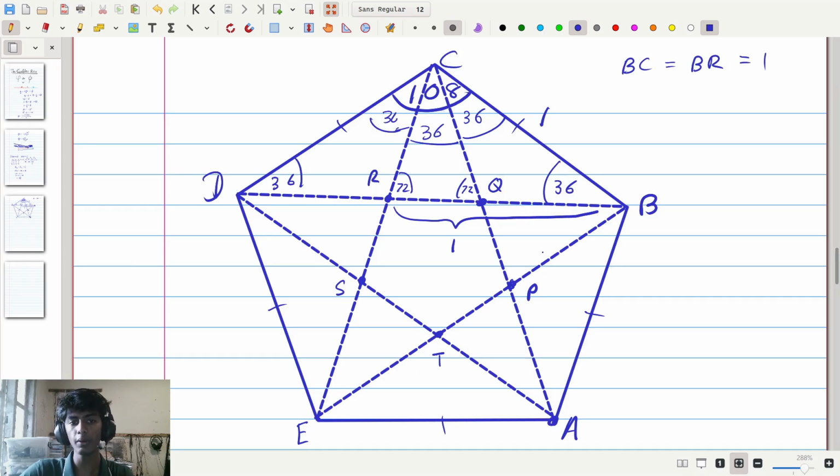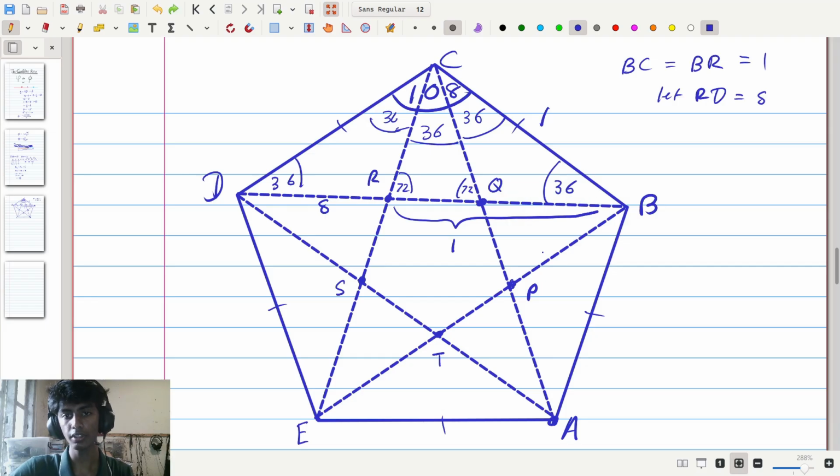Now, I want to direct your attention to what's left over of the side BD. Of the length BD, when we remove 1, we are left with some other length. Let's say this length is delta. So we'll say let the length RD equal delta. By symmetry, this other side is also equal to delta.